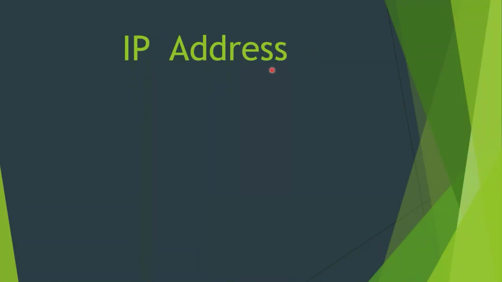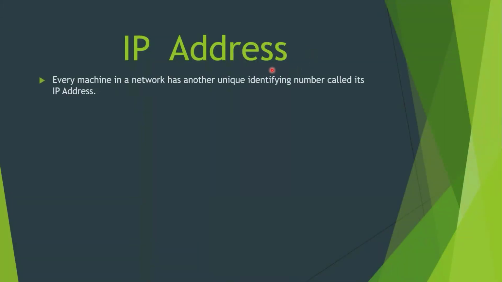IP address. Every machine in a network has another unique identifying number called its IP address. So every machine in a network has two unique addresses. One is MAC address and second is IP address. However, these both differ from each other.